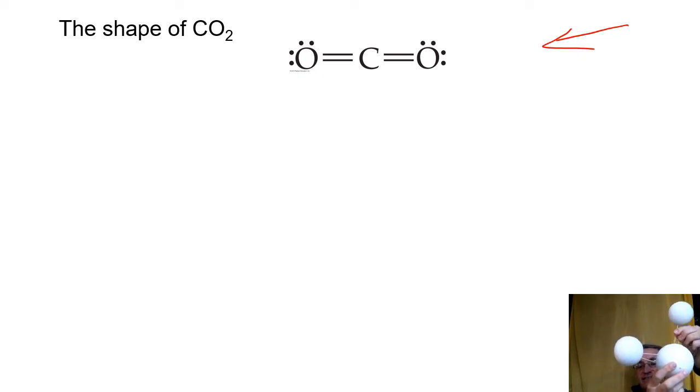This atom and these electrons can get further away if they end up on the opposite side. Now, if they kept going, they would get closer to each other, right? So the farthest away they can get is to be on the opposite side of the carbon atom. So that idea that these electrons are going to spread out from each other, that's what VSEPR theory is all about. Now, let me show you a picture of this.